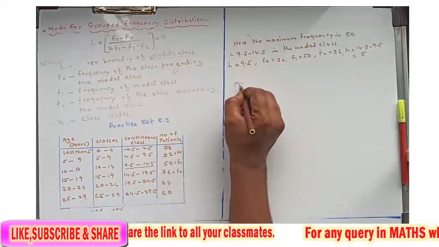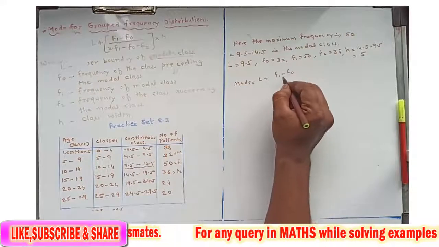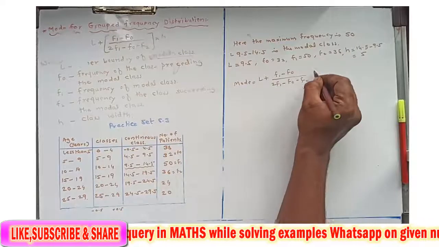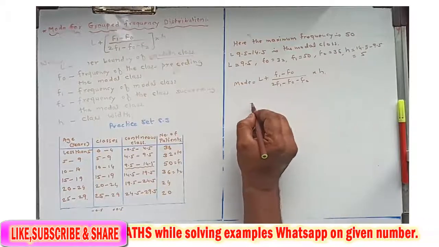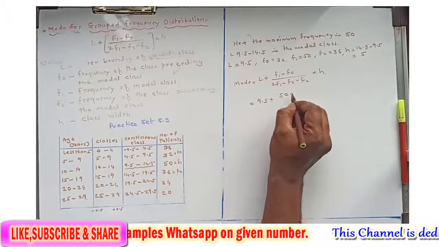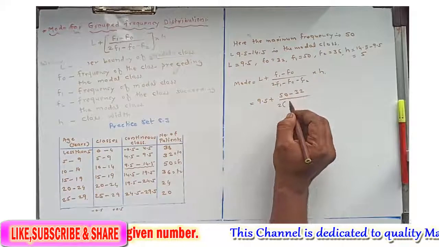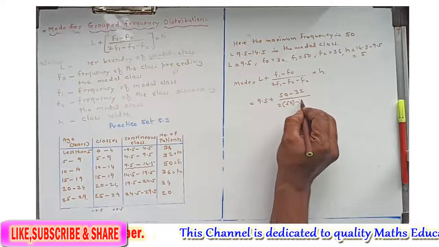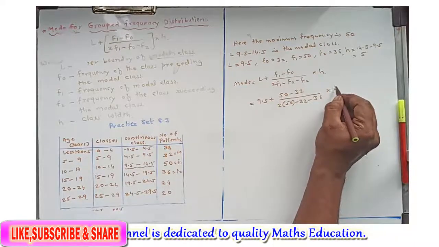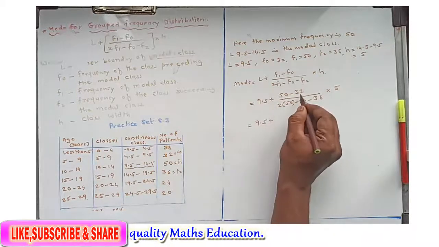So the formula for mode is equal to L plus (f1 minus f0) divided by (2 times f1 minus f0 minus f2), into h. That is equal to 9.5 plus (50 minus 32) divided by (2 times 50 minus 32 minus 36), into 5.